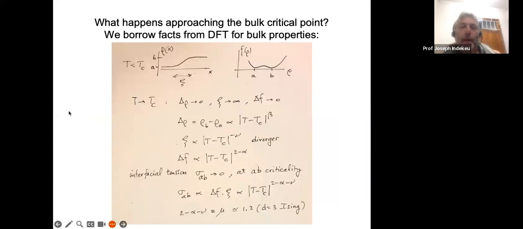So coming back to this bulk critical point, there are some properties that we wish to distinguish, and that we will need a little bit later on when we discuss interfacial and wetting phenomena. So I have recapped here the interfacial profile between phases A and B. And I've also indicated some widths of this profile with psi.